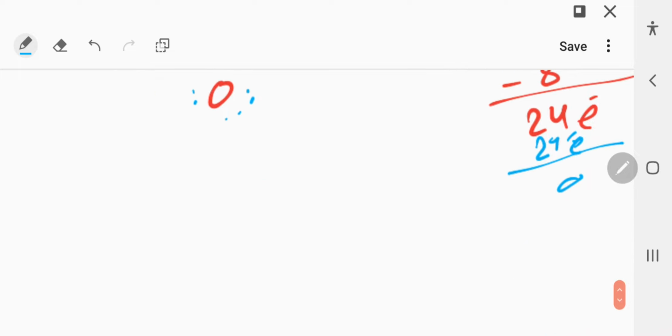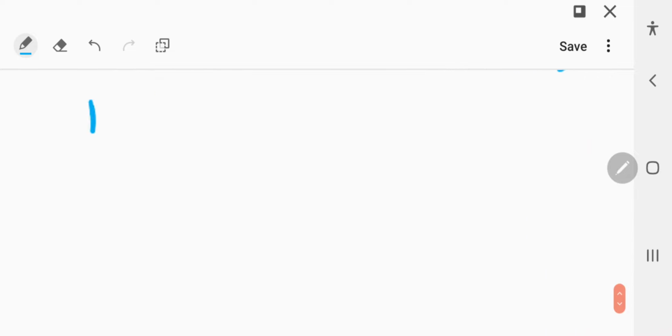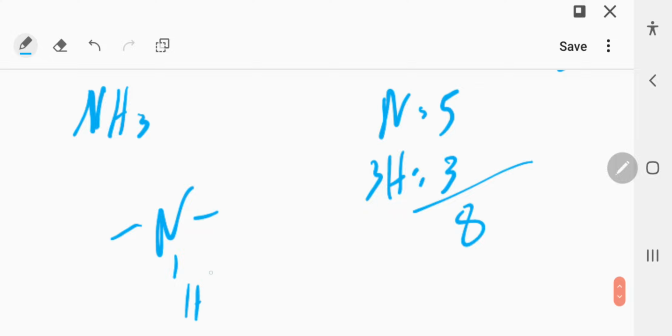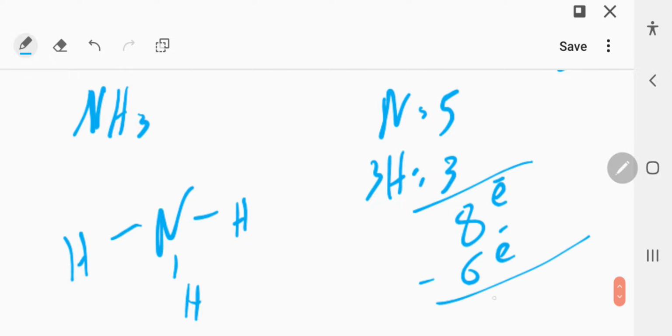What about NH3? Nitrogen contains 5 and we have 3 H's with 3 electrons, so the total is 8. N, H, H, H. We used 6 electrons already, minus, so we will have 2 electrons.